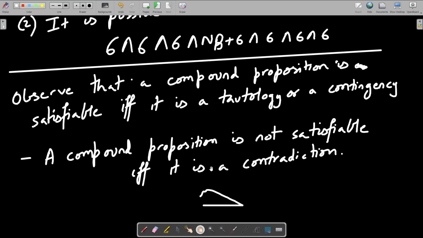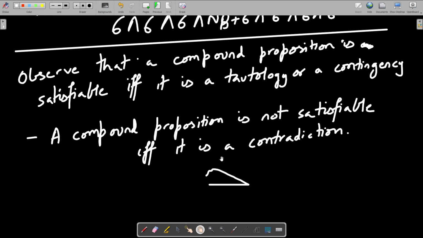Everyone agrees that this is a negative of the previous one. So I wrote satisfiable, I wrote not satisfiable.